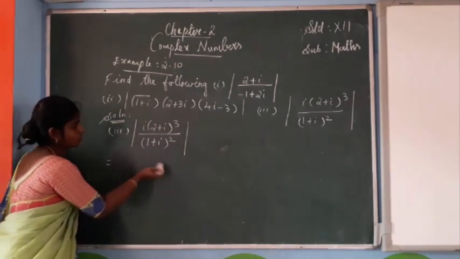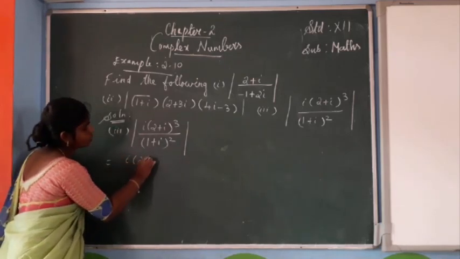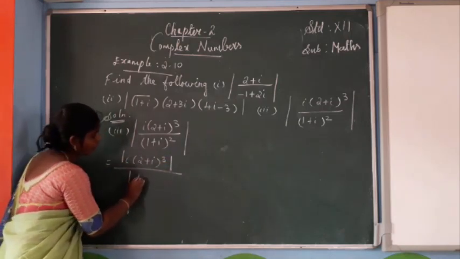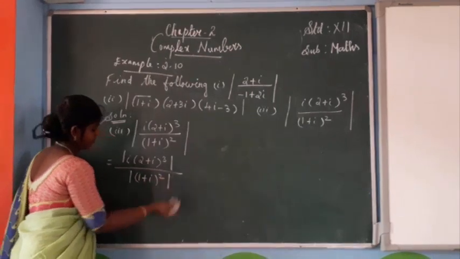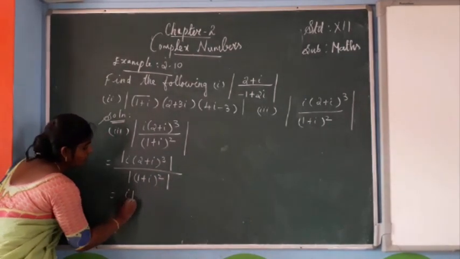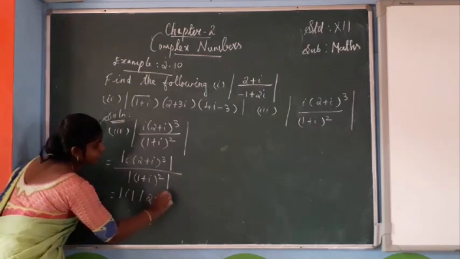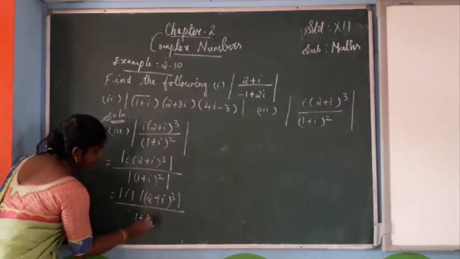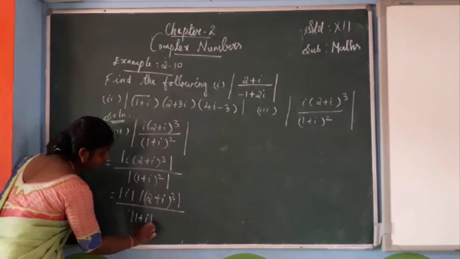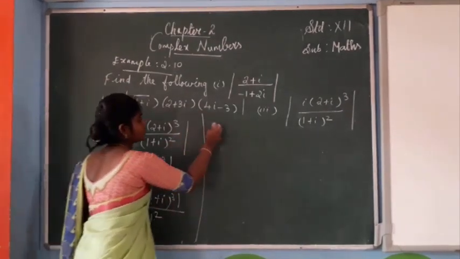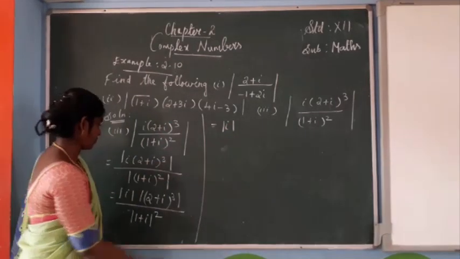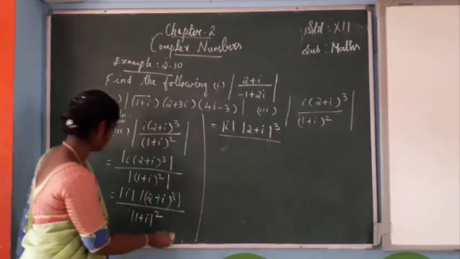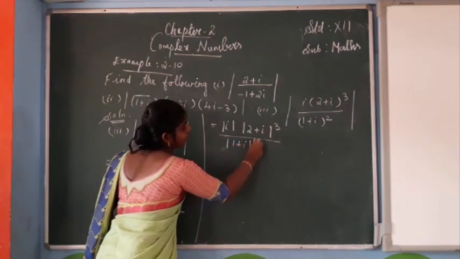That's equal to, separating the modulus, modulus of i into (2 plus i) the whole cube, divided by modulus of (1 plus i) the whole square. So modulus of i, then modulus of (2 plus i) the whole cube, divided by modulus of (1 plus i) the whole square.